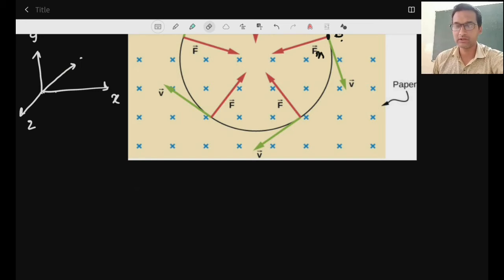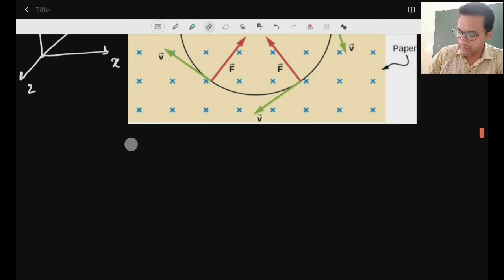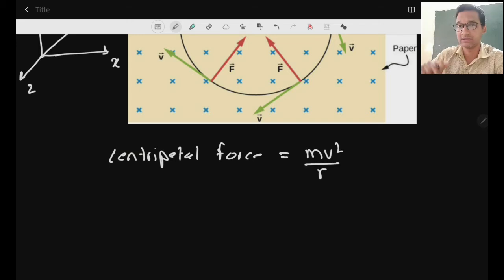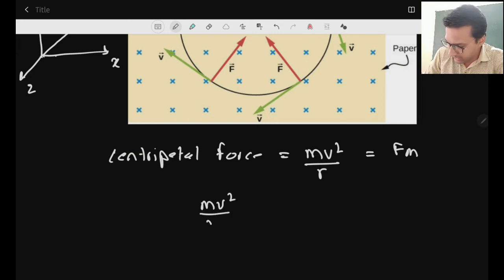The equation for the centripetal force, as we know, is mv square divided by r, where r is the radius of that circle. This centripetal force will be equal to the magnetic force, so mv square by r will be equal to the magnetic force.